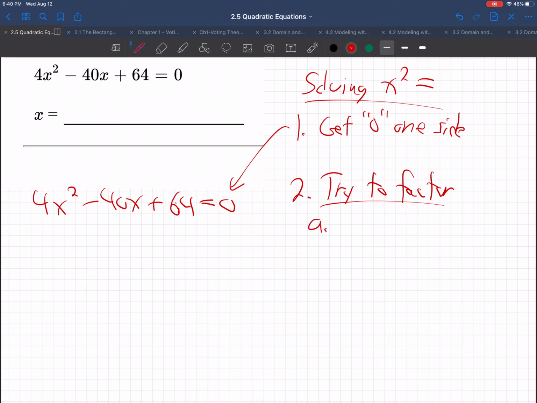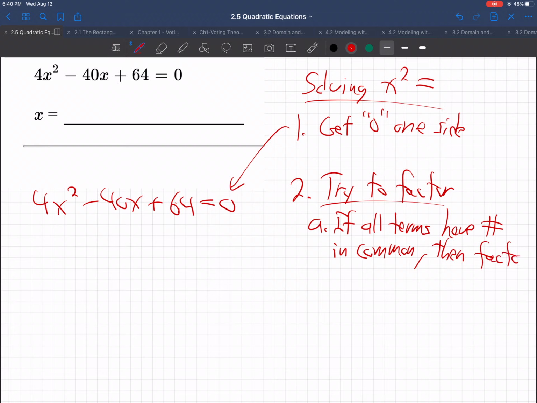So first off, if all the terms have a number in common, then factor it to the front. We call that the GCF, the greatest common factor.